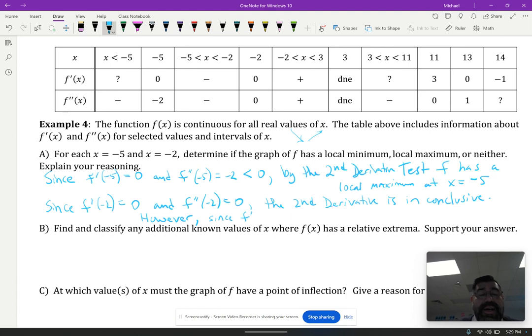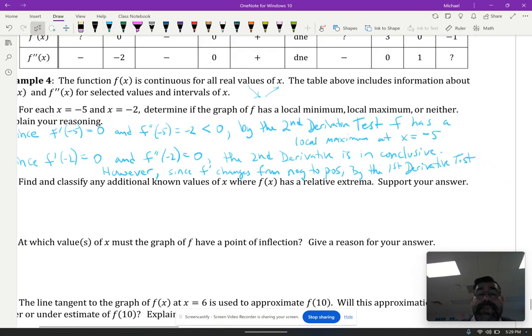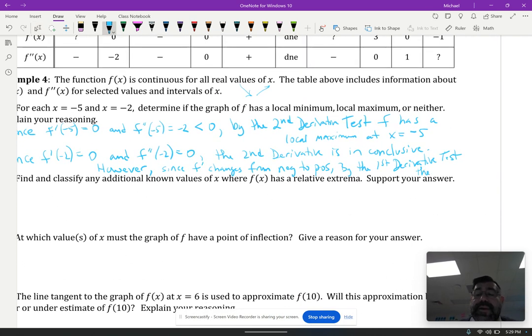Since f prime changes from negative to positive, by the first derivative test, there is a local minimum at x equals negative 2.